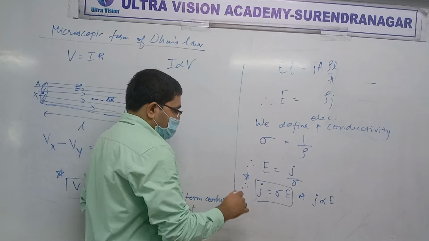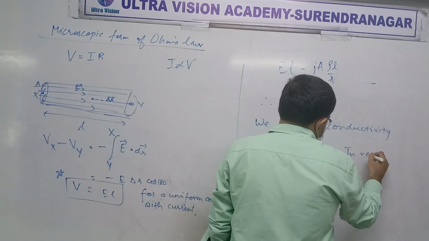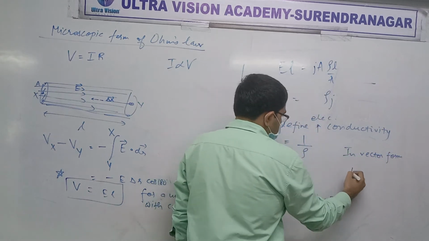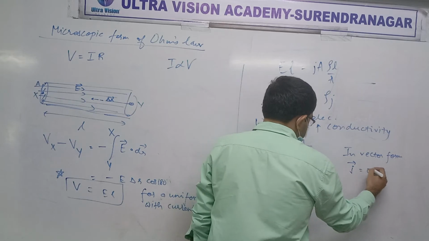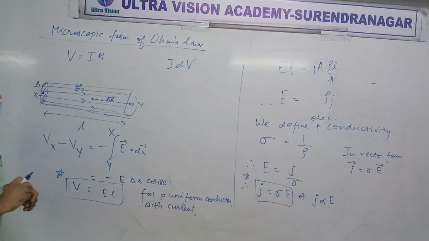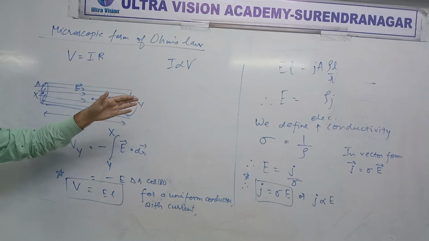You can also put this in vector form. In vector form, it will be J vector equal to sigma into E vector. Why is it like that? If in some conductor the electric field is this way, then the current will also be the same.